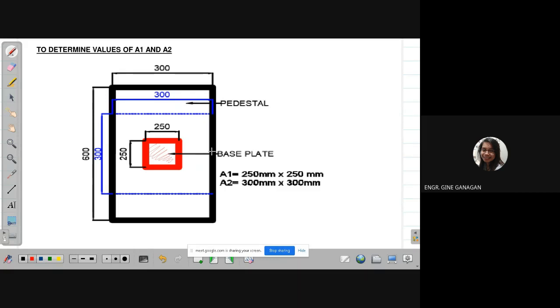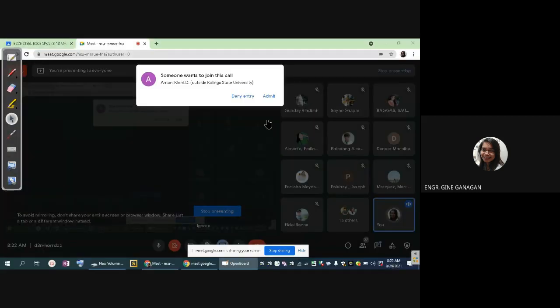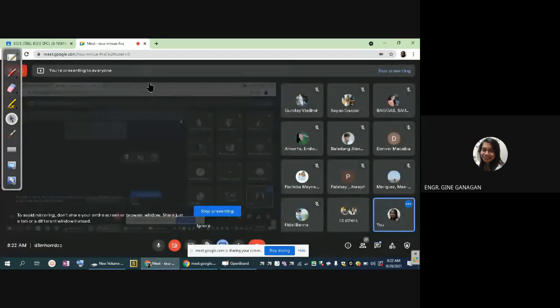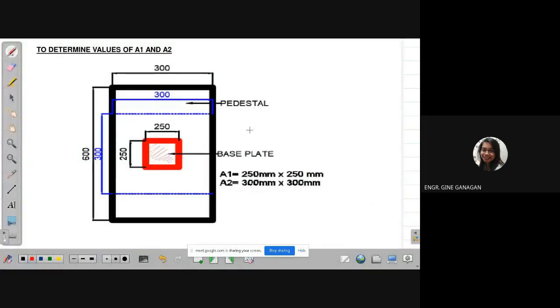Okay? So, for area 2 naman, since this is a rectangular, so hindi natin pwedeng kunin yung buong area ng pedestal. Kasi pag kinuha natin yung area ng buong pedestal, that is not geometrically similar with this area of our base plate. Okay?